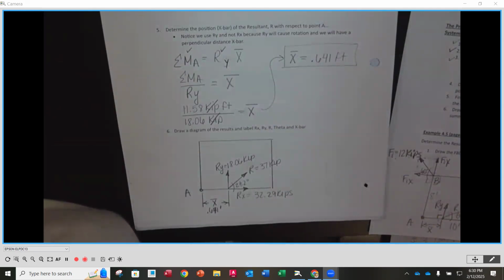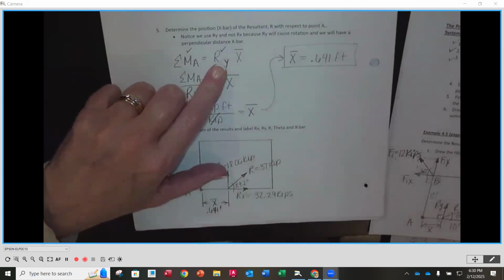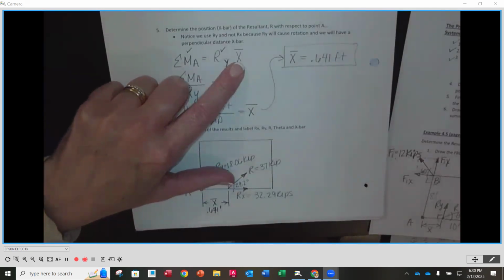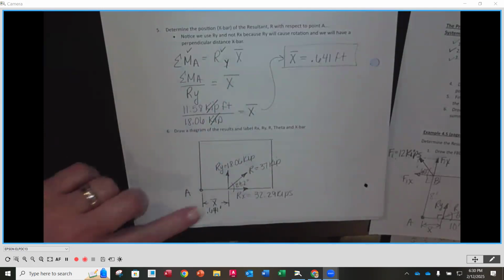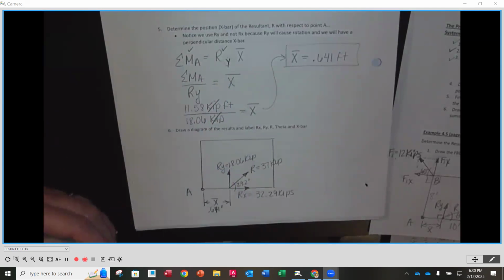It might be the X at times. So you have to then determine which one is appropriate. So if this ends up being an X component, then this is going to be a Y bar. Okay. So because then it'll be a vertical distance if we're using the X component. And then rearranging that to solve for X bar, and then drawing a final diagram of your results.